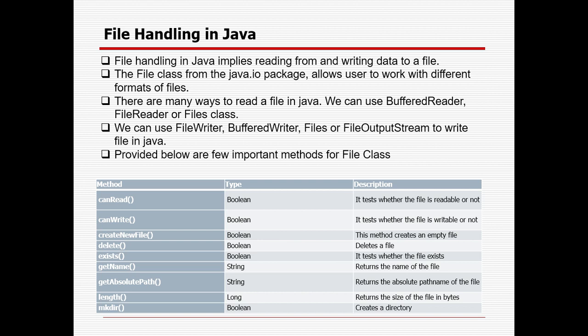Get name, if I want to get the name of the file. Absolute path as well. And length, in case I want to check how much has already been entered. Similarly, with the help of make directory we can create the directory, whereas with the help of create new file we can create the files. But with make directory, we can create the folder structure.